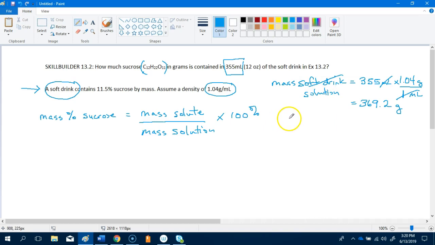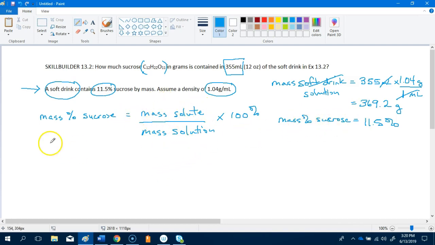I'm also given my mass percent of sucrose, which in the question is 11.5%. There's my sucrose. So I'm going to use these two data pieces in my formula in order to solve the mass of the solute.